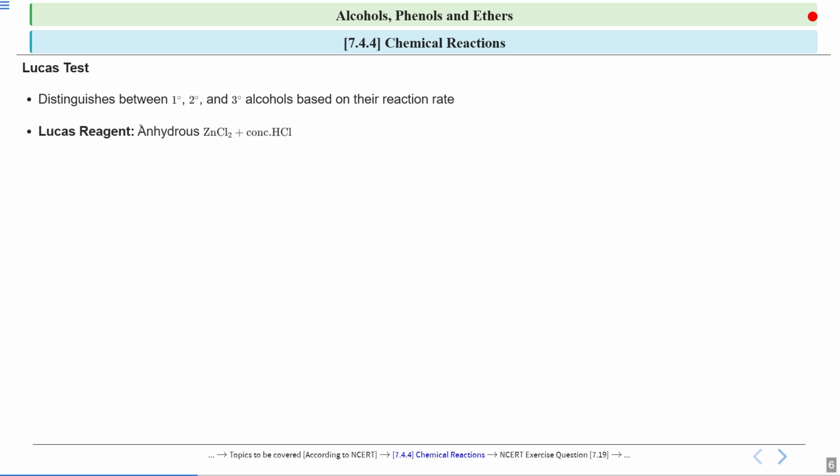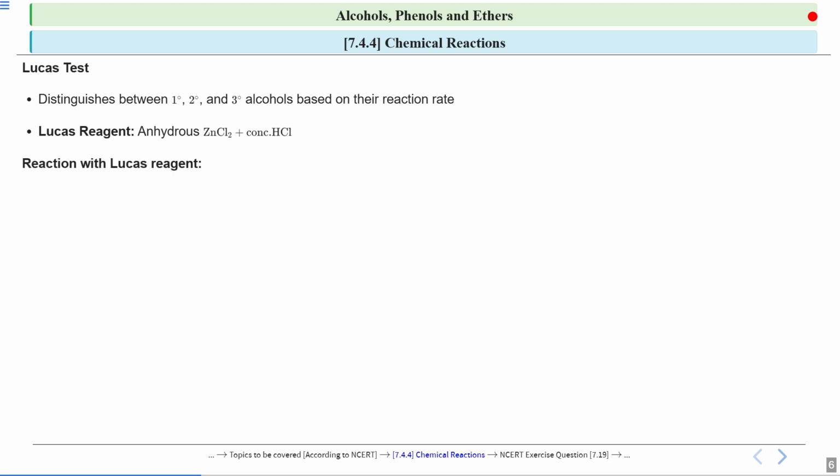Now Lucas reagent includes anhydrous ZnCl2 and concentrated HCl. In some multiple choice questions, it is asked what Lucas reagent is. So you need to remember that Lucas reagent is anhydrous ZnCl2 and concentrated hydrochloric acid.